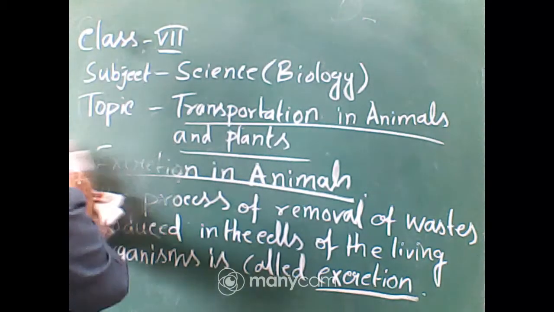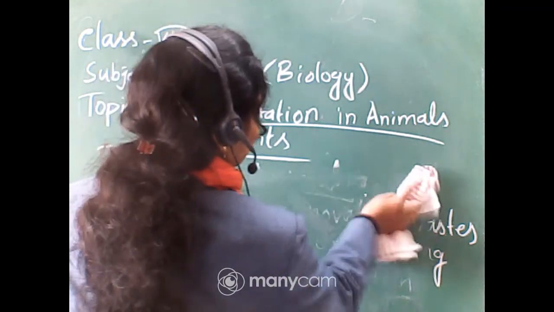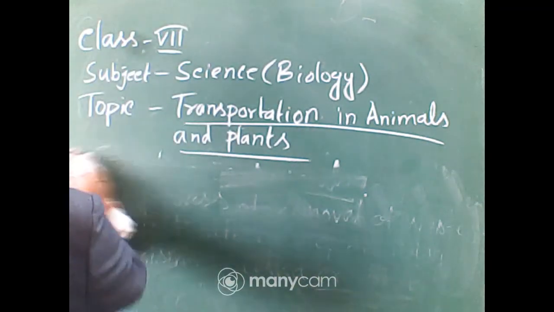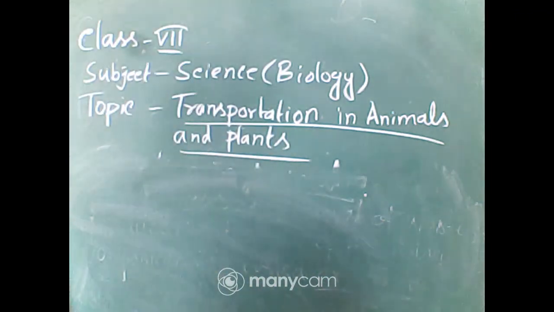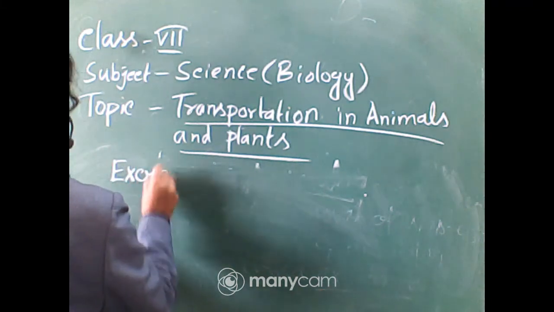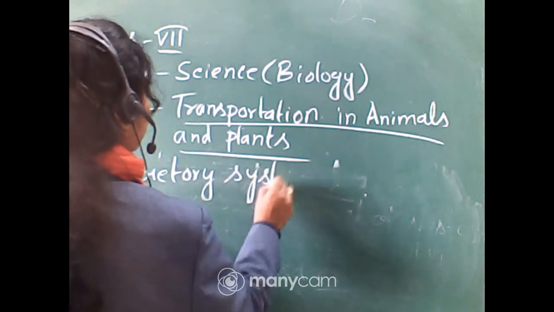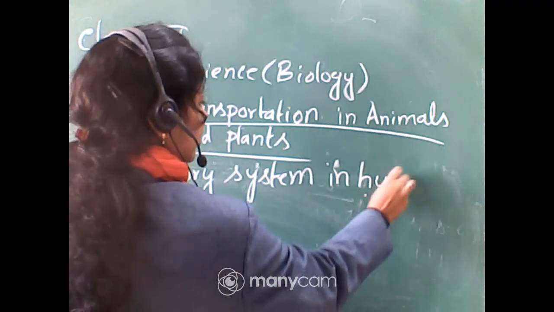Now, these excretory products are somewhat different in different animals. Now, you will learn about the excretory system in human beings. So let's draw a picture of the excretory system in humans.